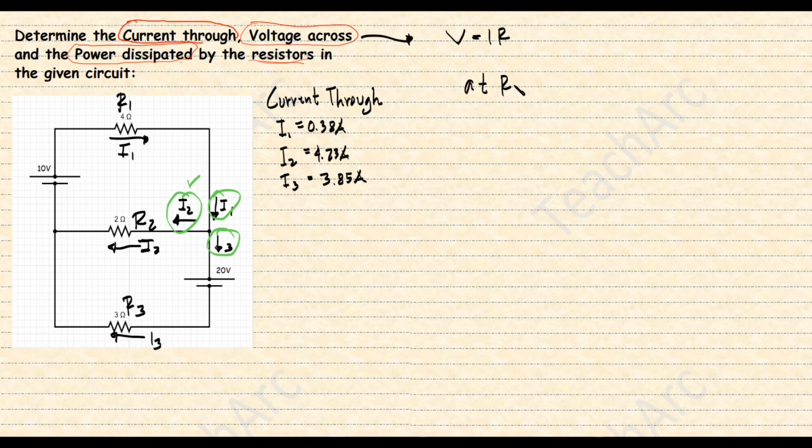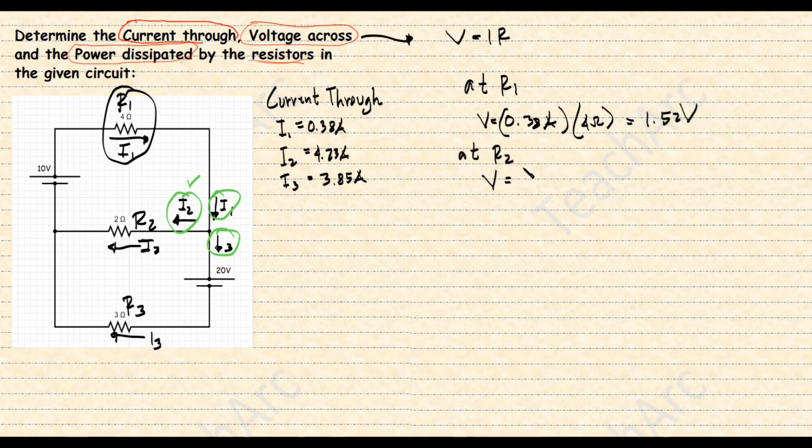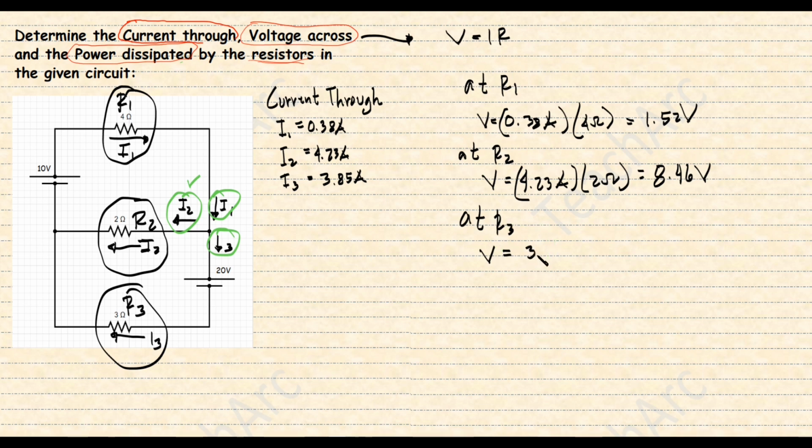So for the voltage across resistor 1, we write 0.38 amperes times 4 ohms. This will be 1.52 volts. Same pattern for the voltage across R2 and R3. So we will get 8.46 volts for R2 and 11.55 for the voltage across R3.